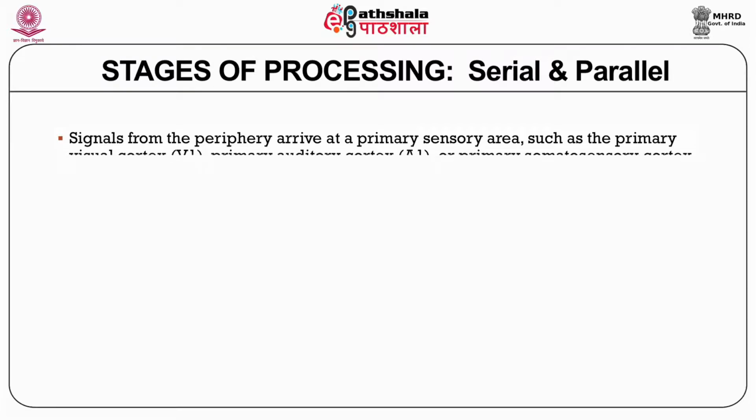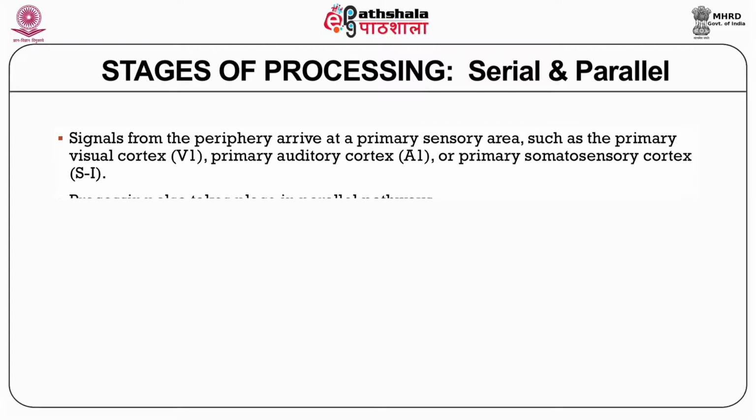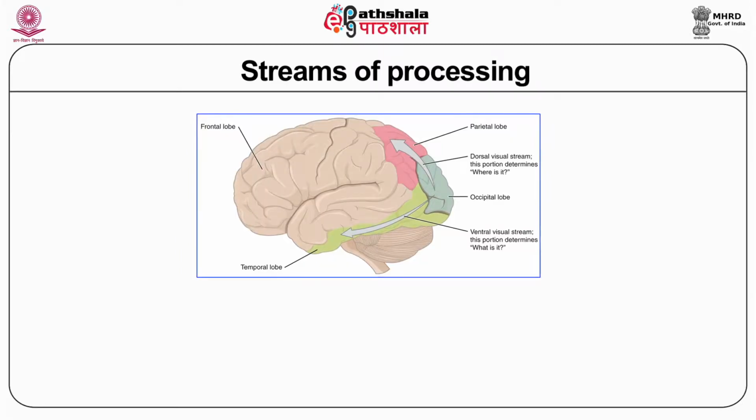Within each sensory system, be it visual or auditory, signals from the periphery arrive at a primary sensory area, such as primary visual cortex V1 in the visual system, primary auditory cortex A1 in the auditory system, or S1, the primary somatosensory cortex. Now processing also takes place in parallel pathways.